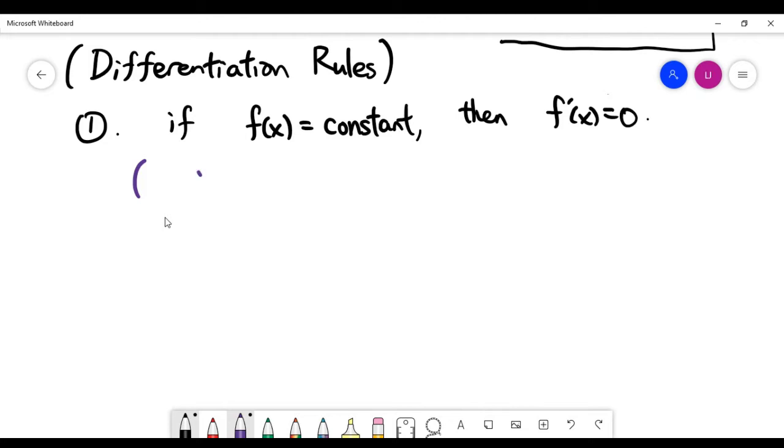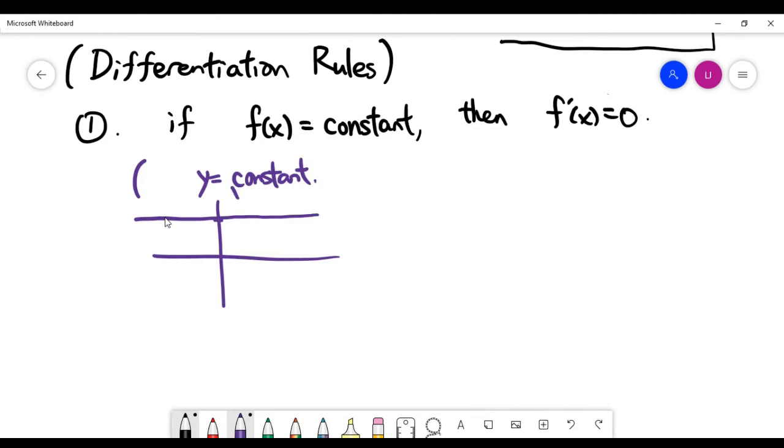If you have a graph of y equals a constant, it is basically a horizontal line, right? And the fact is that for any horizontal line, the slope is always 0.